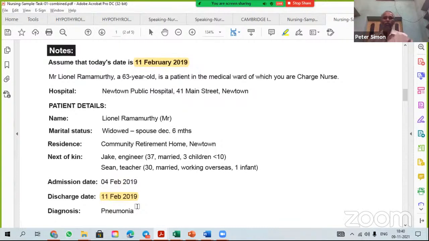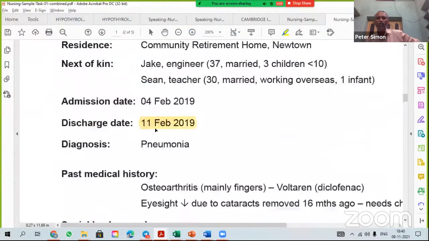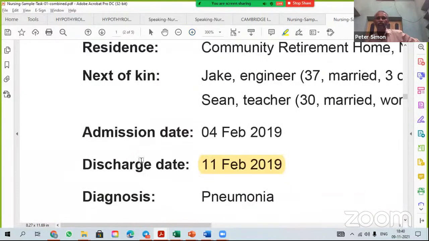Otherwise, discharge tomorrow he's telling. So discharge date is 11 February. You can see here, discharge date is 11 February 2019. That's very clear. Okay, so focus on this point which I'm explaining now.